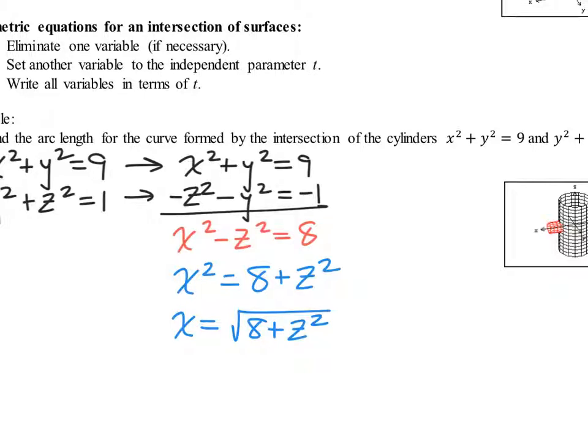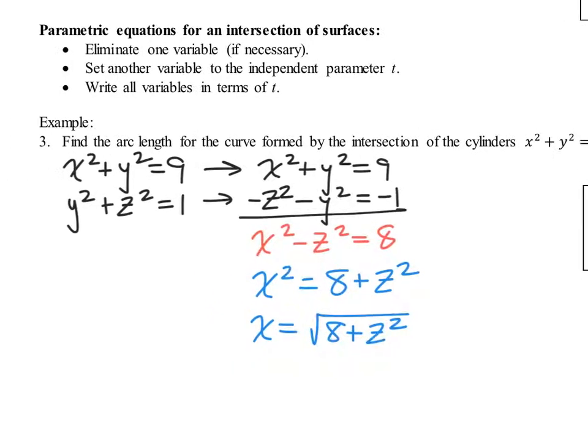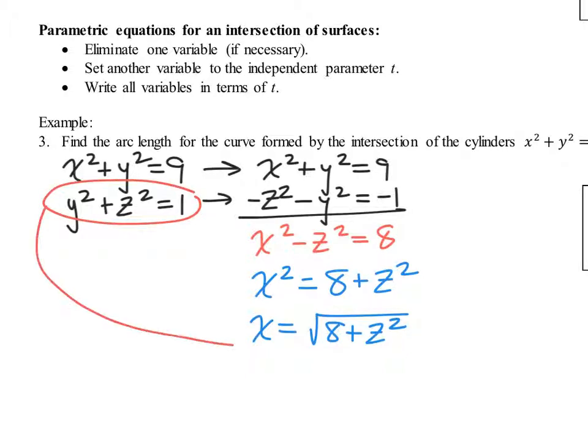So I have an equation solved for x in terms of z. It looks like I want an equation solved for y in terms of z also. Fortunately, that's kind of set up for me already, so I could snag that equation and solve for y. So y would be equal to the square root of 1 minus z squared.